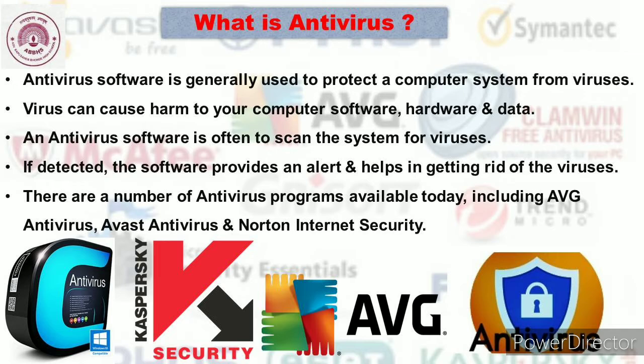If you lose data, you are gone. An antivirus software is often used to scan the system for viruses. If a virus is detected, the software provides an alert and helps us in getting rid of the viruses. There are a number of antivirus programs available today, including AVG Antivirus, Avast Antivirus, and Norton Internet Security.